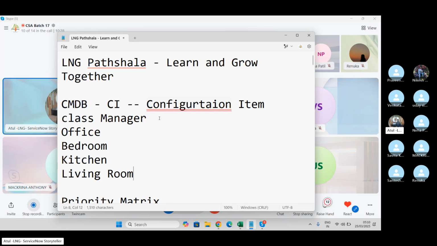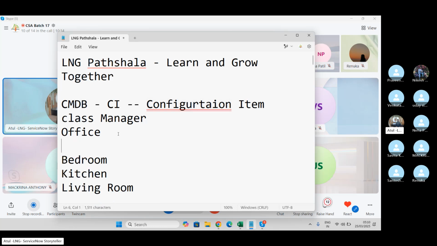These are the 4 classes. Under these classes, there can be subclasses as well. Under office furniture, I can have home office furniture. This can be possible.